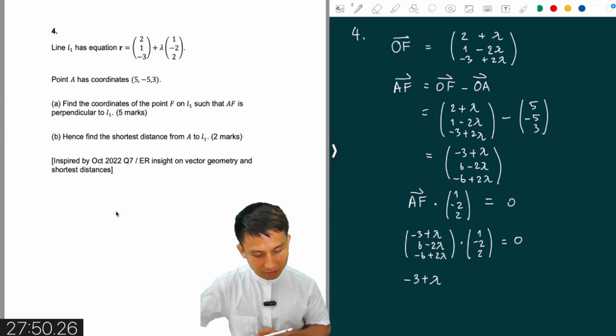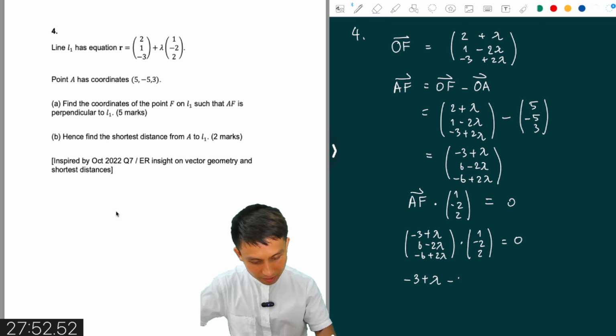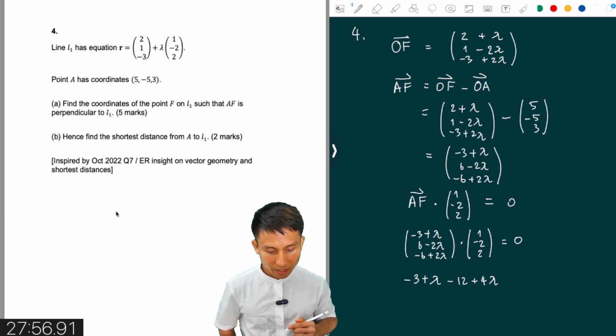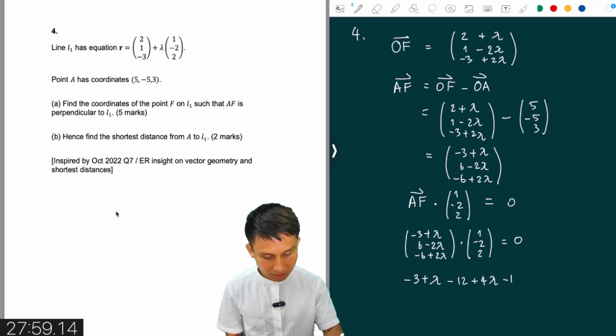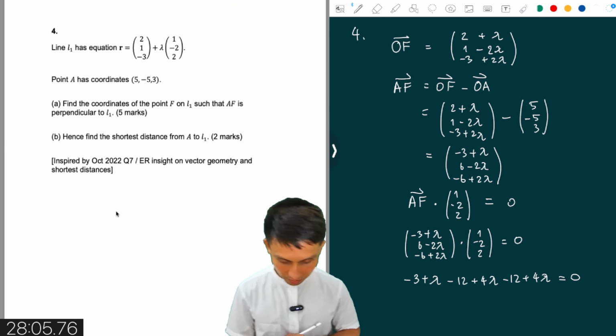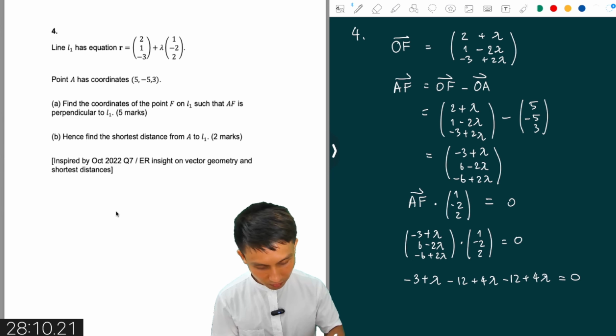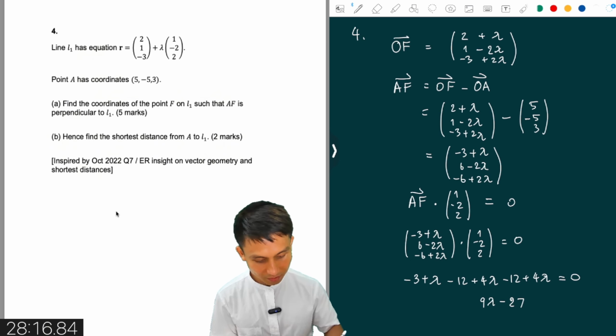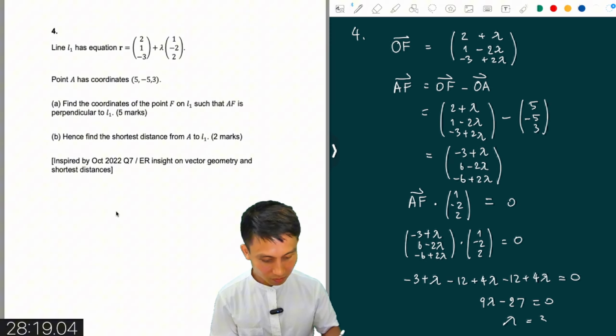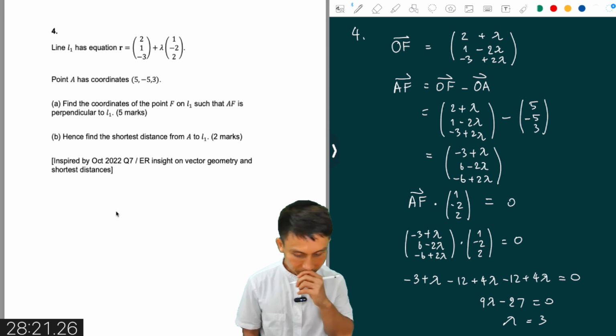Minus 2 times 6 minus 2 lambda is going to be minus 12 plus 4 lambda. I'm just expanding everything already. And then 2 times that is minus 12 plus 4 lambda equals 0. Okay? So we are having what? Minus 12 minus 12 minus 24. So this is 9 lambda minus 27. That's a nice number. So lambda will be equal to 3. Nice number.